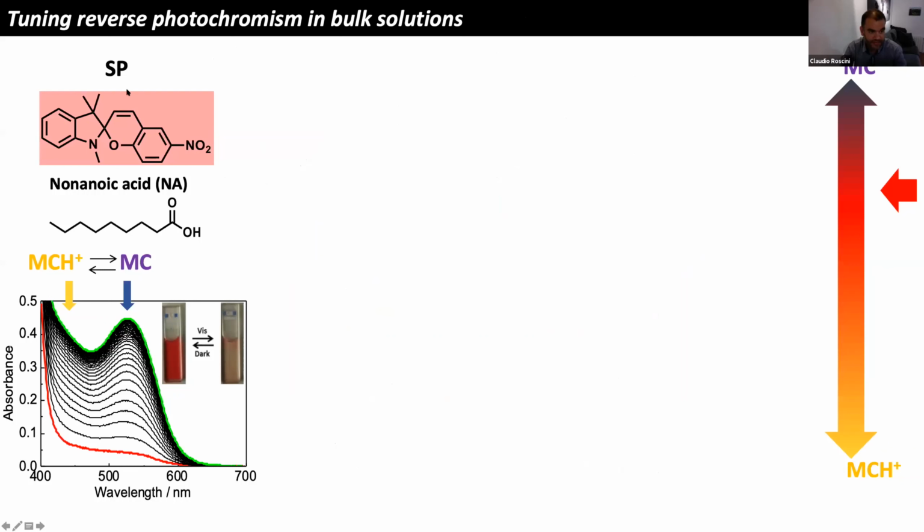And immediately after dissolving this dye in this liquid, we got a coloration as a consequence of the equilibrium between the protonated and non-protonated open form of the dye, which is shown here. Now, if you irradiate with visible light, you induce the discoloration of that, showing reverse photochromism.